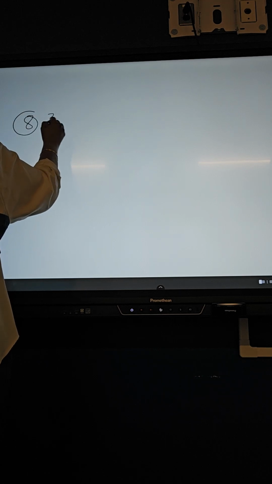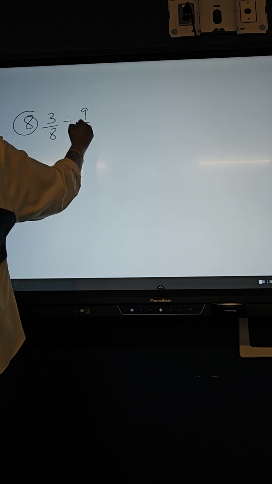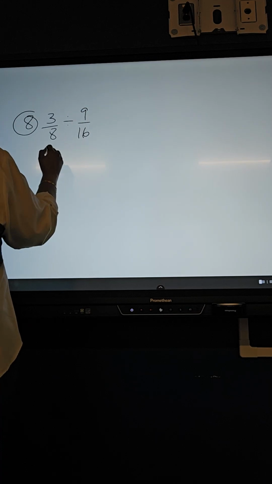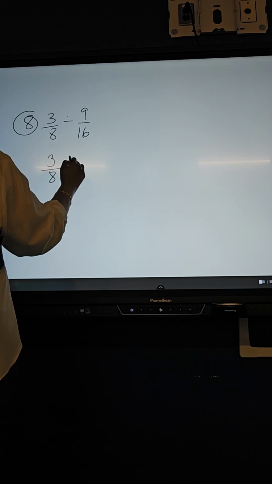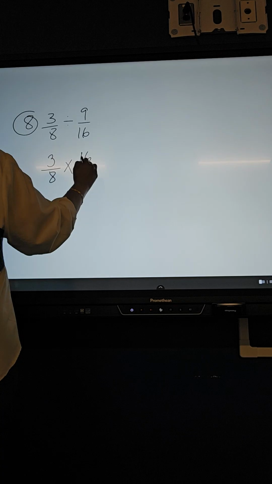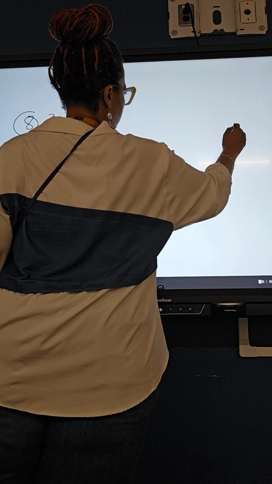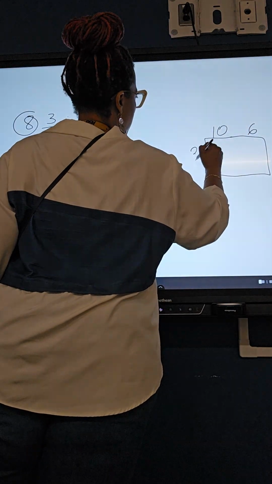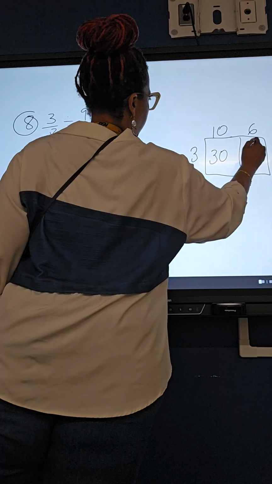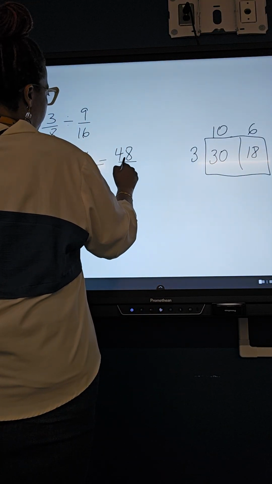Number 8 is 3/8 divided by 9/16. I know I need to what? Keep, change, flip. Keep, change the sign, flip the second fraction. 16 times 3, gotta work it out. 10, 6 times 3 is 30, and 18, that's 48, so that's 48 over 72.